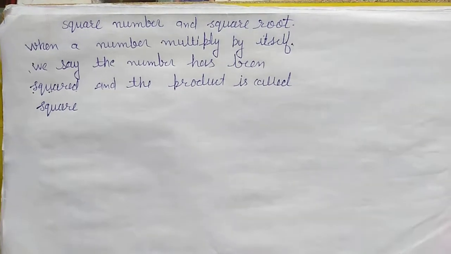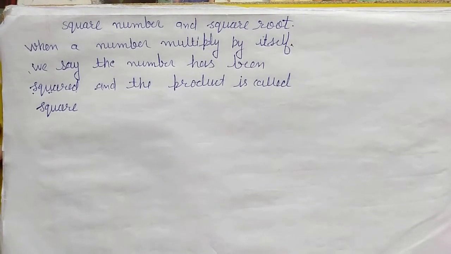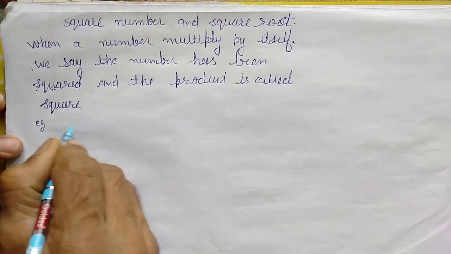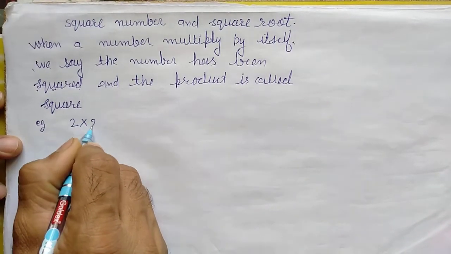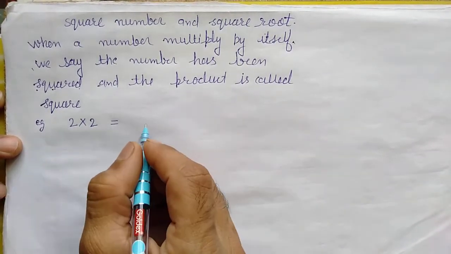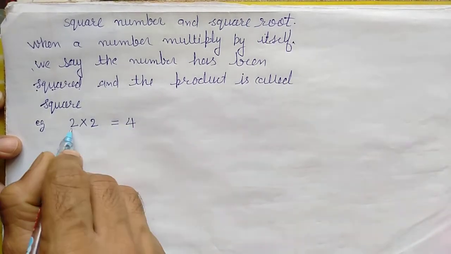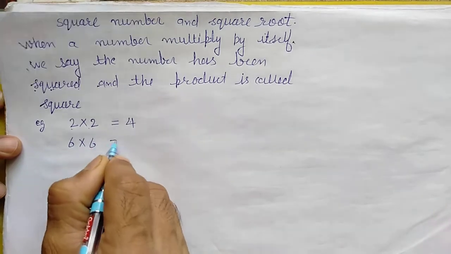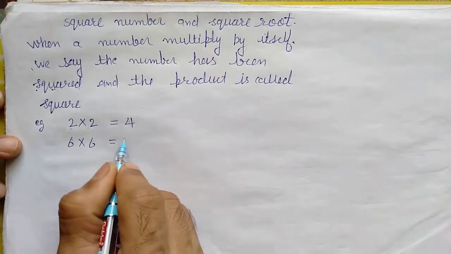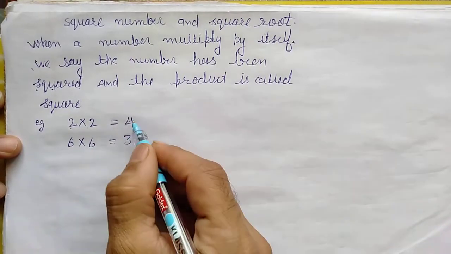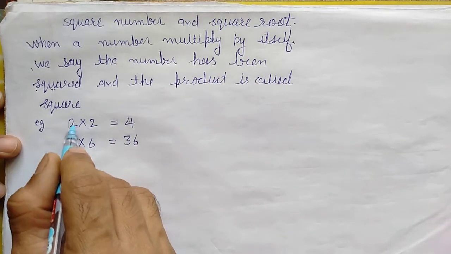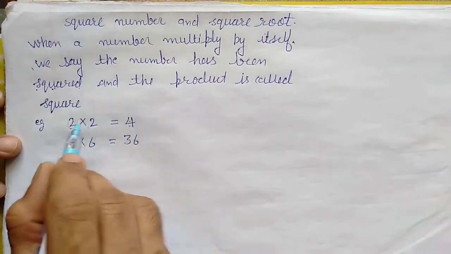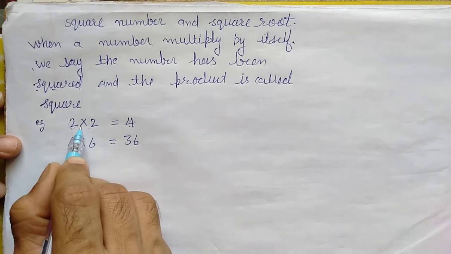A number multiplied by itself. Now see, for example, 2 multiplied by 2 is equal to 4. Like 6 multiplied by 6 is equal to 36. So these are the numbers and these are the squares of those numbers, right?